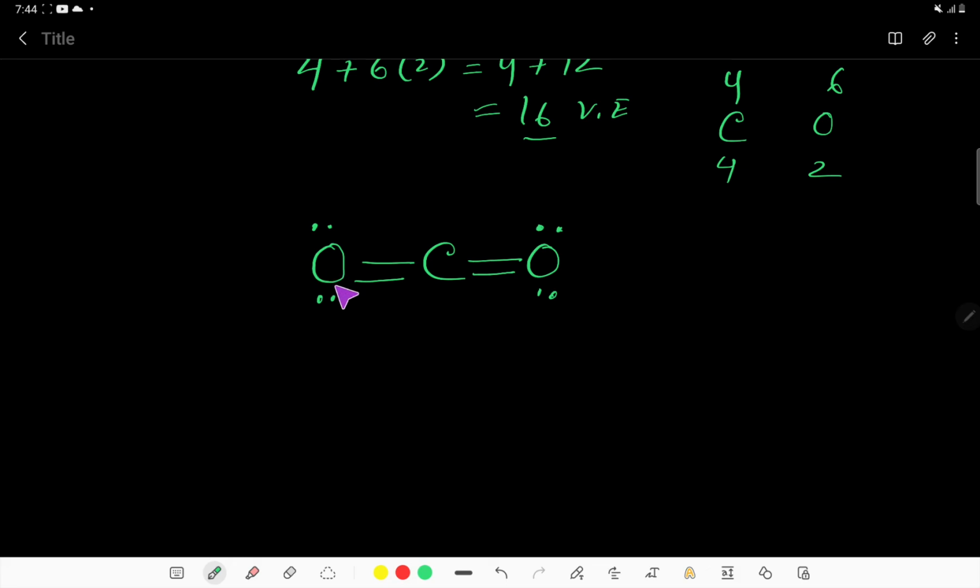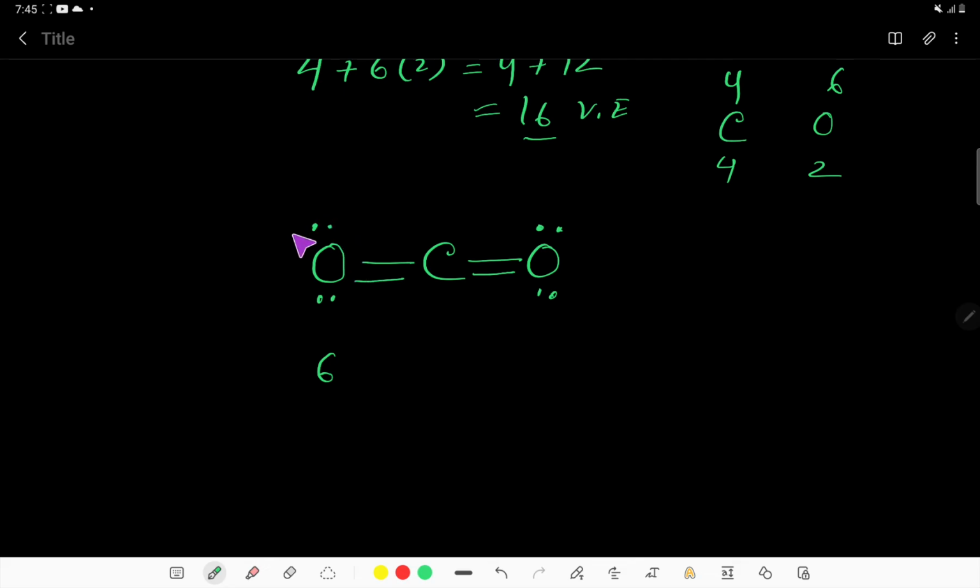In a neutral oxygen atom, the valence electron count of oxygen is 6, but here we have assigned how many valence electrons? 2, 4, and we have to consider half of the bonding valence electrons. So here we have 4, but we have to consider 2.